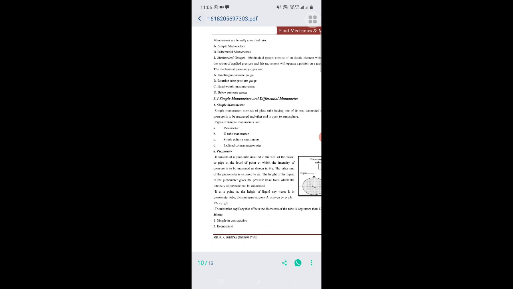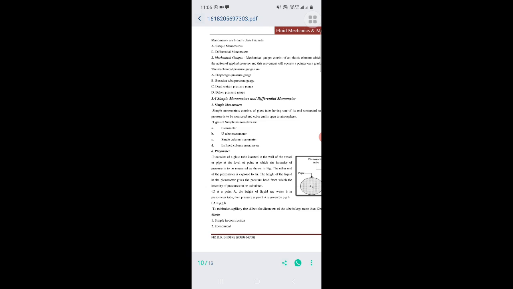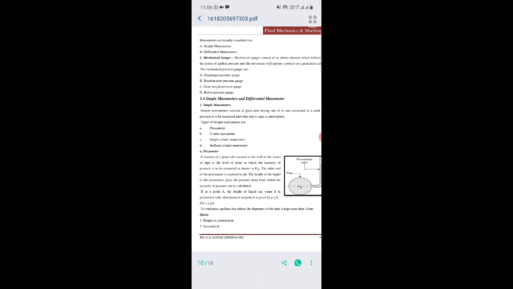If at a point A the height of liquid, say water, is H in the piezometer tube, the pressure at point A is given by PA is equal to W into H, that means rho g h. To minimize the capillary rise effect, the diameter of the tube is kept more than 12 mm. So this is a piezometer.